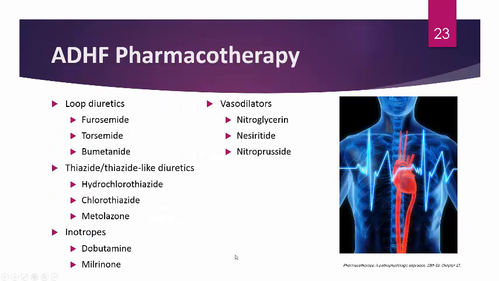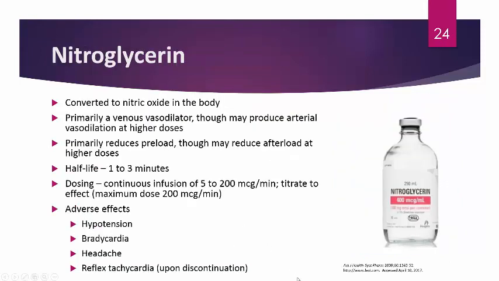The next agents we'll talk about are the vasodilator agents: nitroglycerin, Nesiritide, and Nitroprusside. Nitroglycerin is essentially converted to nitric oxide in the body, and nitric oxide is a vasodilator endogenously. Specifically, nitroglycerin is primarily a venous dilator, though it may produce some arterial vasodilation at higher doses.